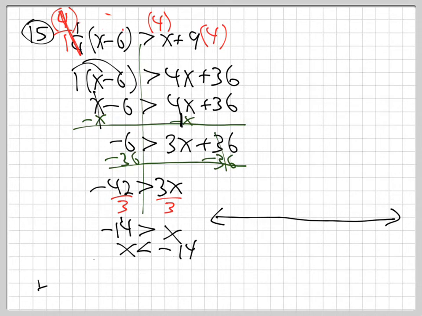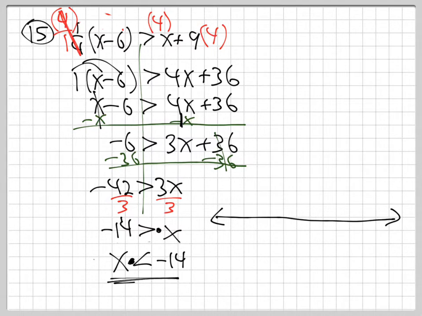Let me get a little more room here. So I'm going to flip it. Those are saying the same thing, and this one might be easier for you. How do I know those are saying the same thing? Well, what side is x on here? The narrow or the wide? The narrow. What side is x on here? Also the narrow. Same. In both cases, those are saying x is smaller than negative 14, aren't they?